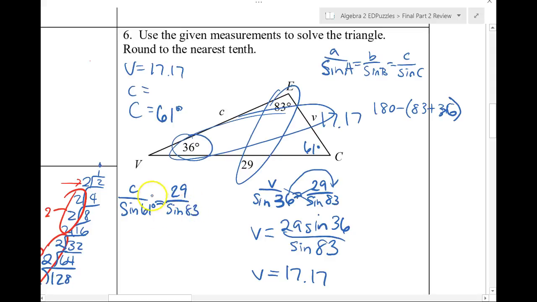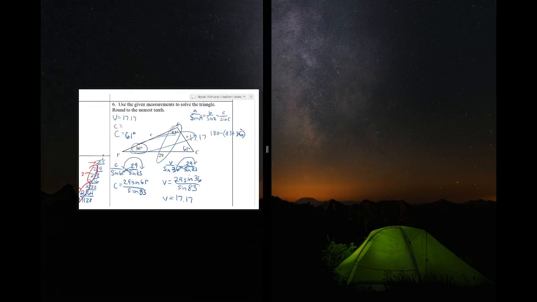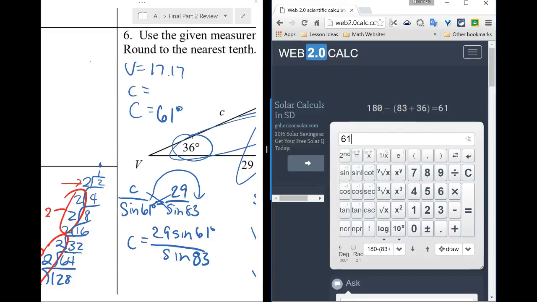Okay, so now, again, cross multiply, but again I can just bring this up here. So now it's C equals 29 times the sine of 61 over sine of 83. Okay, so let's go ahead and do that in our calculator. 29 times, I always like to do parentheses when I separate my different operations, times the sine of 61 divided by the sine of 83.